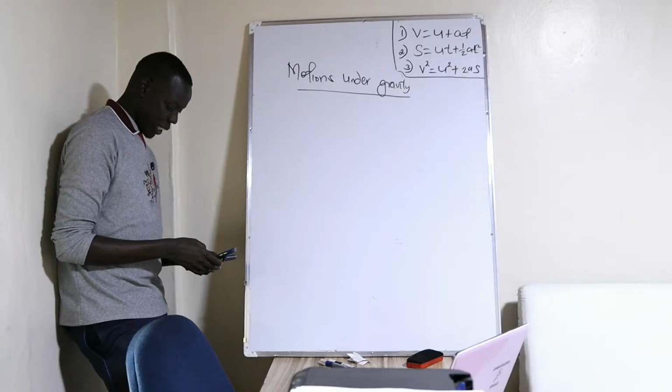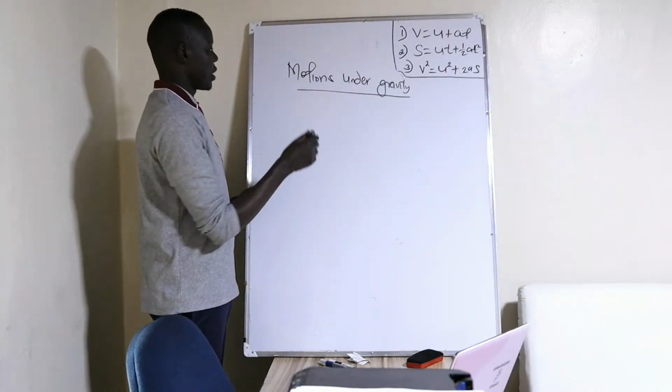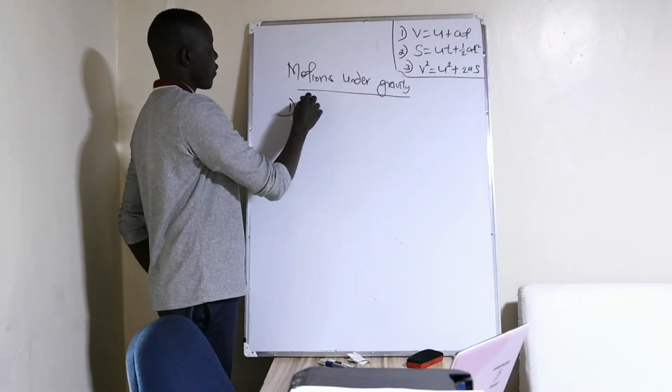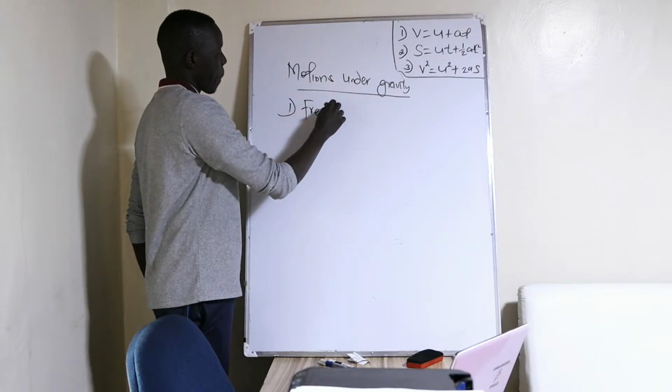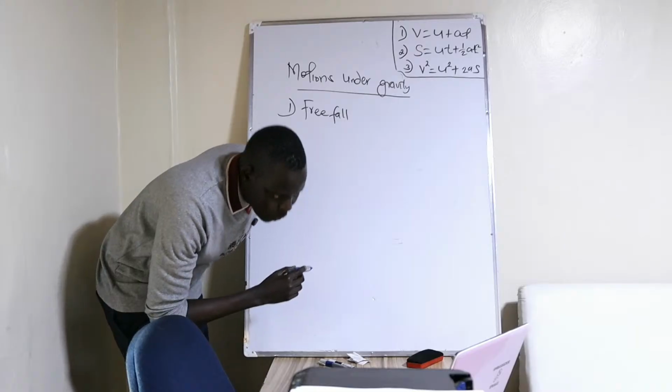So we have 3 motions under gravity, which we can be checking on. One is free fall. What's the time? 5:49. Oh, we still have 20 minutes.